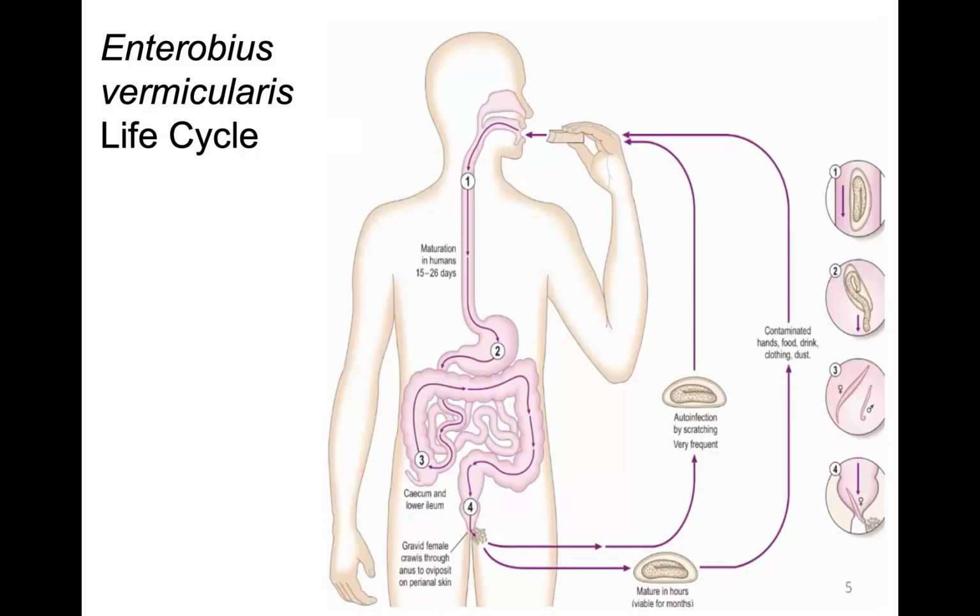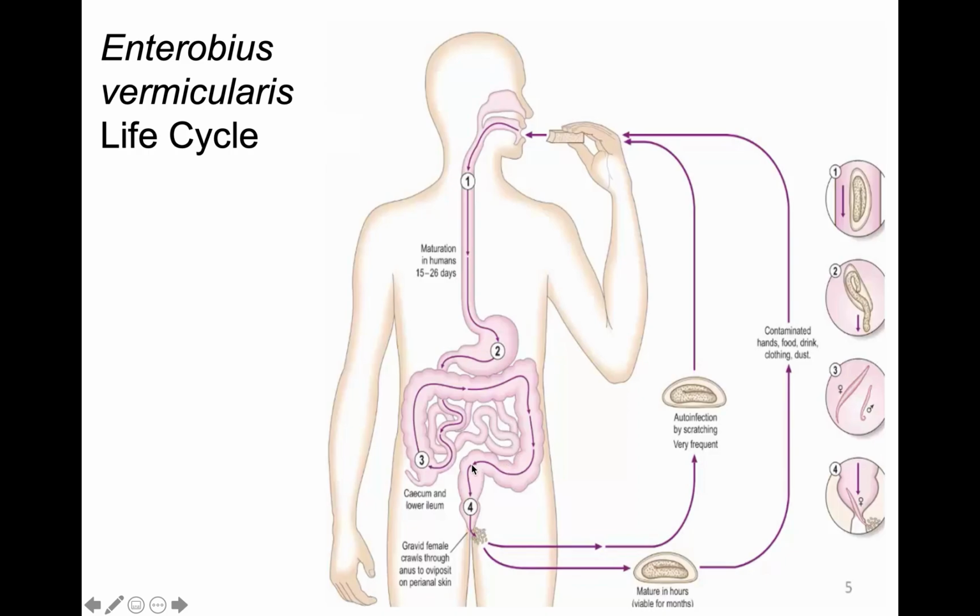Now let's look at the life cycle. The life cycle starts when the eggs are swallowed into the GI tract, and then they get inside the small intestine and then the colon.